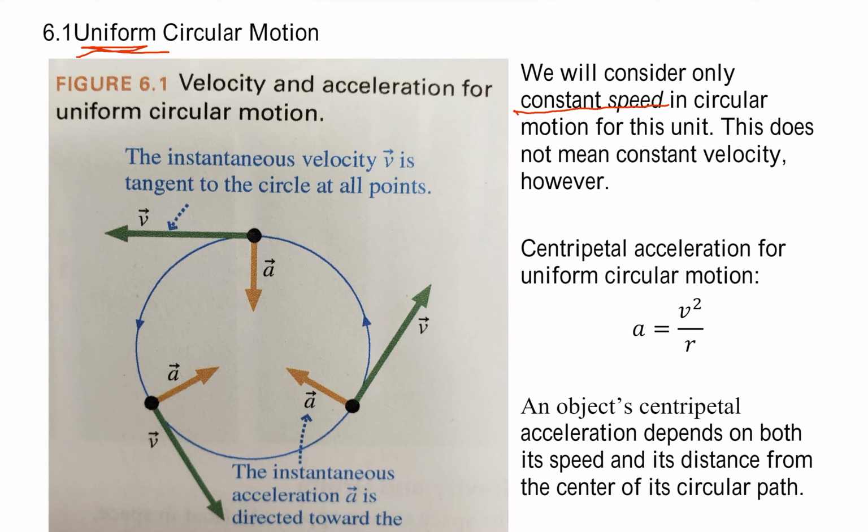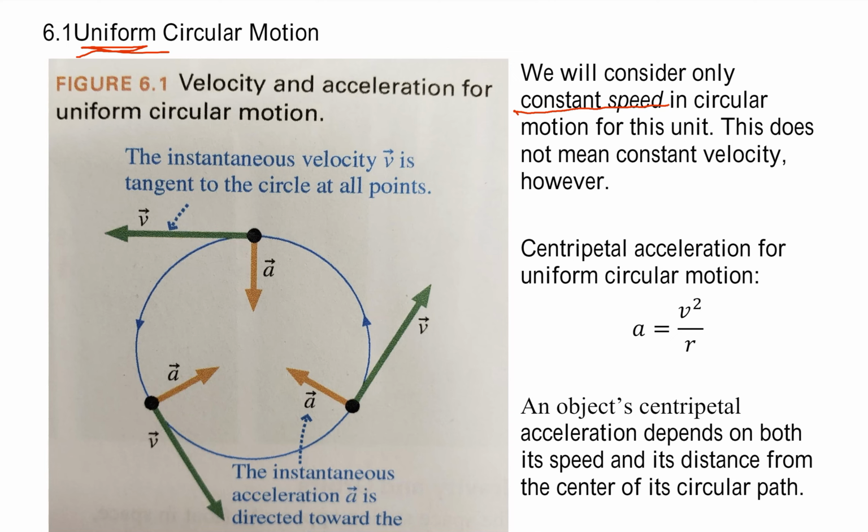But because we're going around a circle, the direction is constantly changing. So we can't say constant velocity. We have to say constant speed. So the speed is staying the same as we go around the circle. All right, so uniform circular motion means constant speed in the circle as we go around.